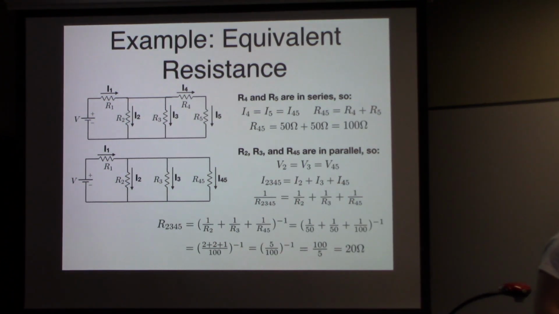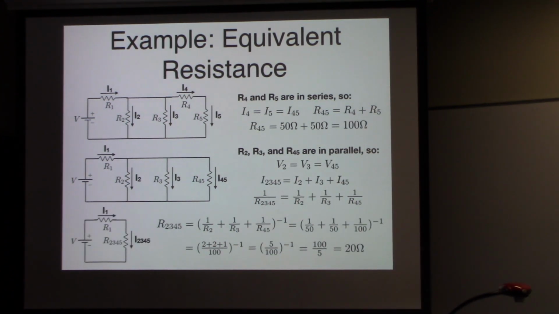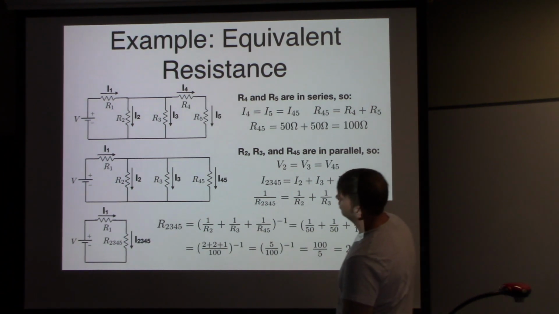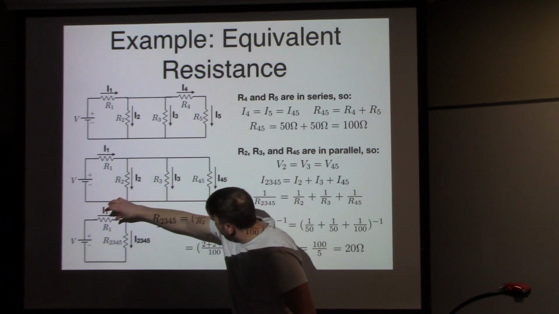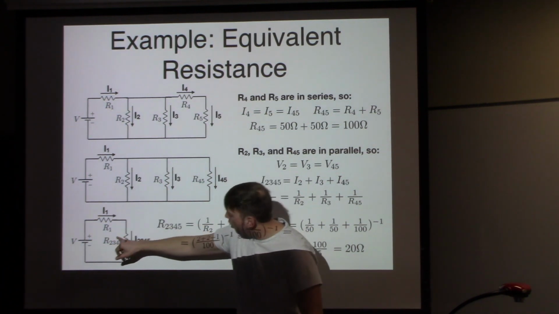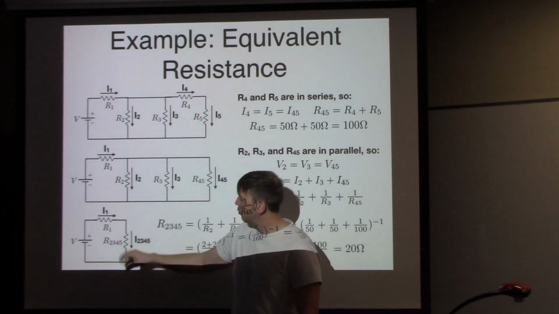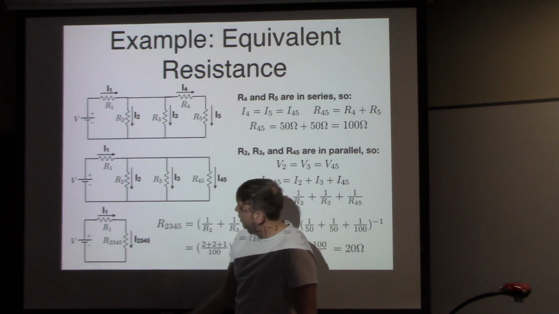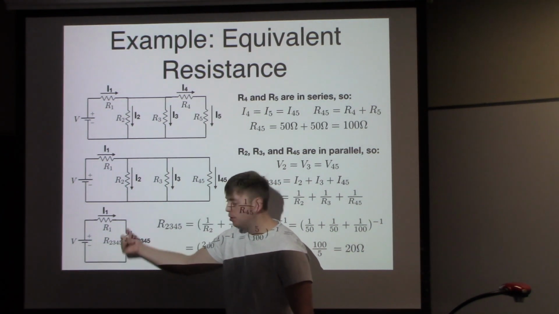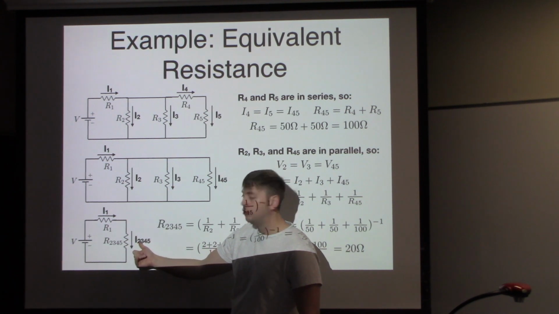We've almost combined everything. Okay, so what do we have when we redraw the circuit? Well, now what we have is R1, which we haven't dealt with yet, in series with R2, 3, 4, 5, when we combine all of these together. And the current that's running through this equivalent resistor is what we call I2, 3, 4, 5.